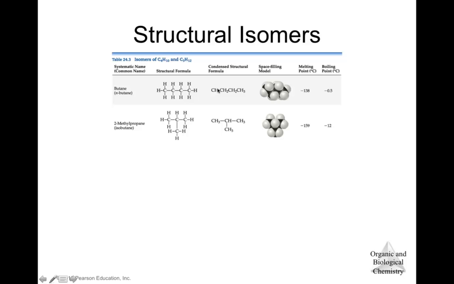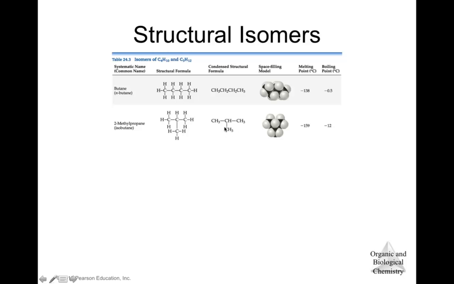If the longest straight chain is 4, it is butane. But here the longest chain that we can produce is 1, 2, 3, propane. So it's 1, 2, 3 propane, and we substitute one hydrogen of this carbon for a CH3 group.